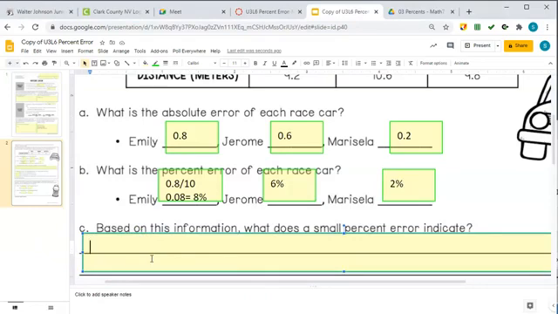So we could say that because the objective was to get close to 10, a small percent error means the car is very close to the objective.